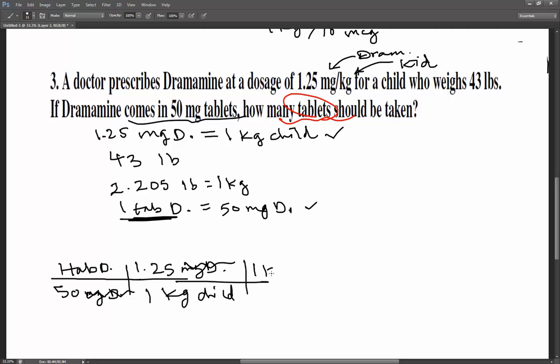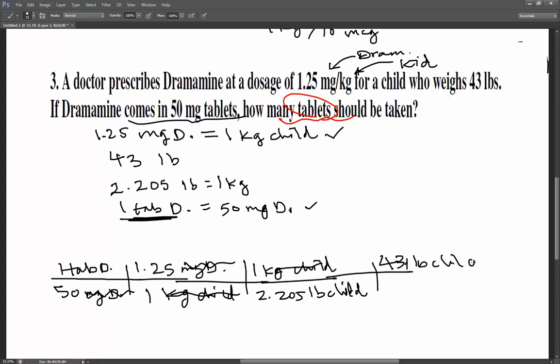But if I do it for a child, then every 1 kilogram of that child converts to 2.205 pounds of child. Cancel those. And now we have a 43-pound child. So when I multiply all this through, everything cancels except for the number of tablets of Dramamine, which is exactly what they're asking for.